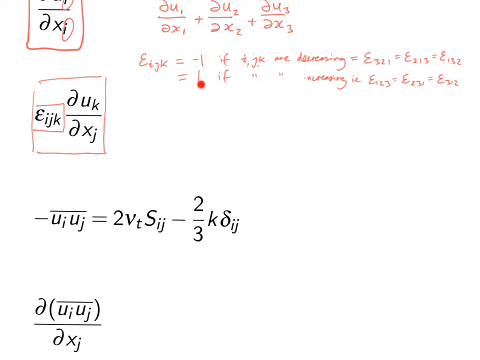Then, similarly, it takes a value of 1 if i, j, k are increasing. So if it's epsilon 1, 2, 3, 2, 3, 1, or 3, 1, 2. And finally, it takes a value of 0 if it doesn't fit into any of the above.